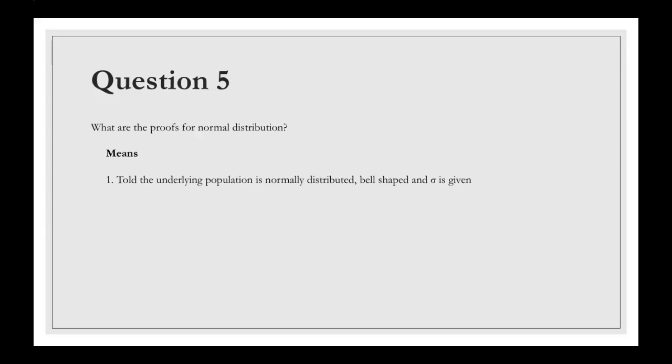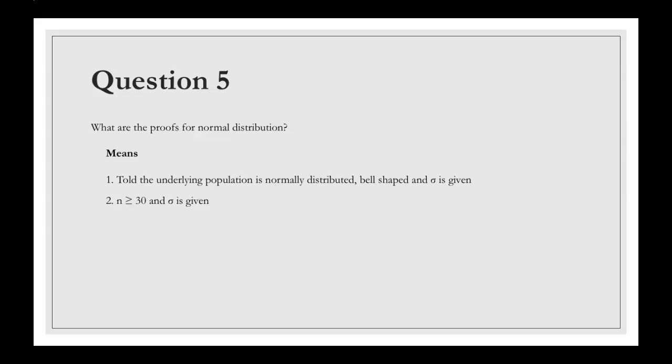If they give you S, your sample standard deviation, number 1 will not work. That first proof won't be true, and so you won't be able to prove based off of that one. You need sigma for that. The second proof that you could use, n is greater than or equal to 30, and sigma is given.